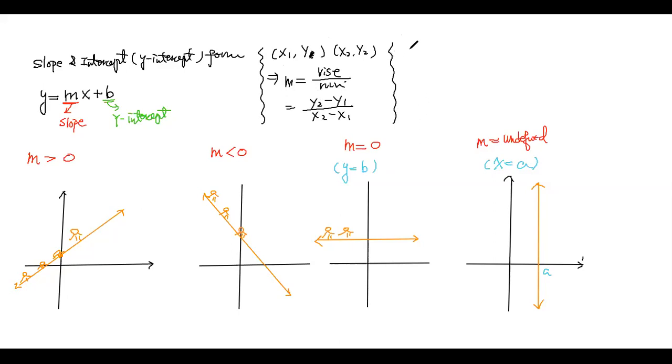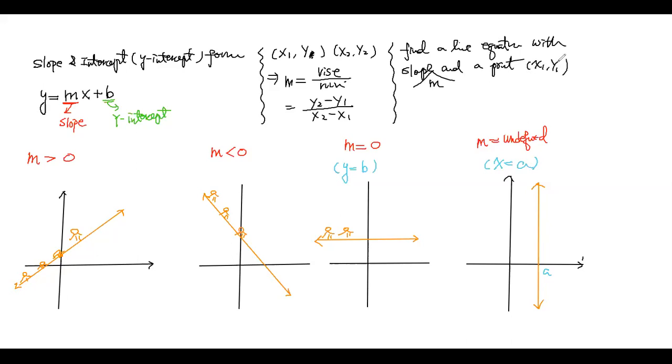So also the last one here is how to find the linear equation with a slope and a point. So the slope here, let's say the slope is m, and the point is x1, y1.